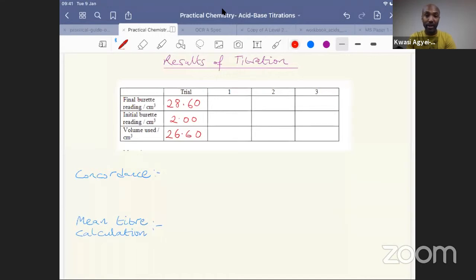So we know that in our first accurate run, we need to slow things down when we reach about 24 centimeters cubed, and then add our sodium hydroxide with swirling of your conical flask, drop by drop, so that we don't overshoot that mark. Okay, so we've got 26.60 for our trial run.